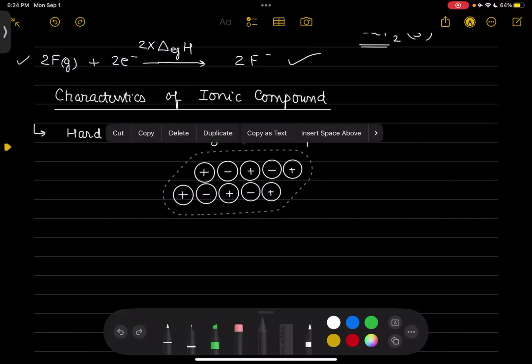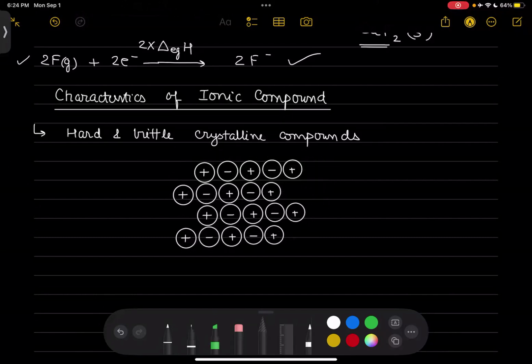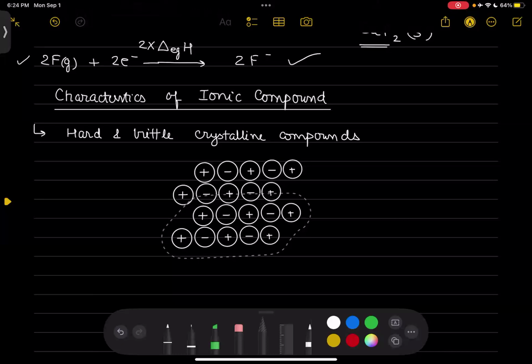If you look at their structures, they will be like this. Each cation is surrounded by anions, and each anion is surrounded by cations. Got it?